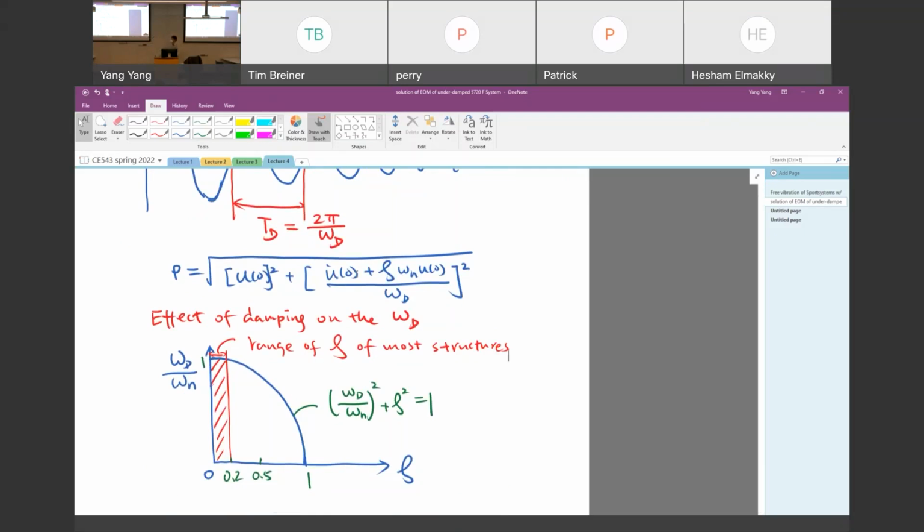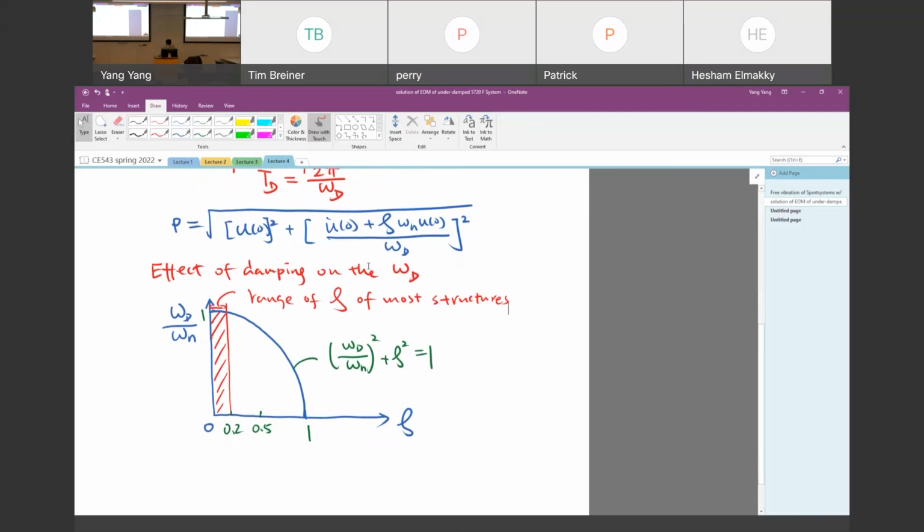And in the real world, what's a typical damping ratio? For example, for steel structures, when you do dynamic analysis, you typically use a damping ratio equal to 2%.